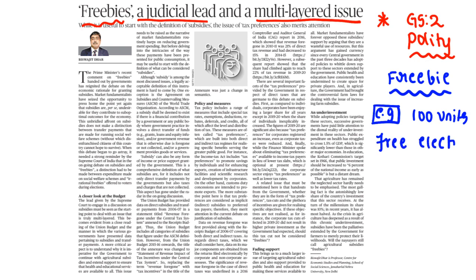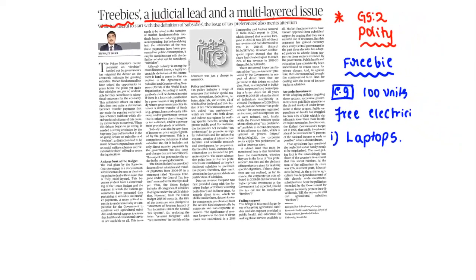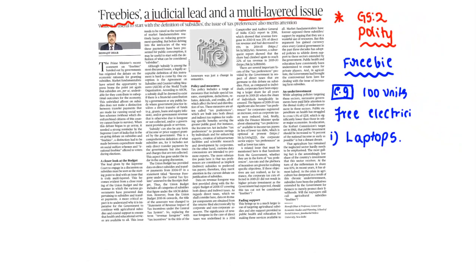Okay, so free electricity. And for example, if I promise that if my party comes to power, if I win, I will give you laptops, clear? Are you getting it? These are the freebies which might affect the economy. So these are the examples of a freebie.